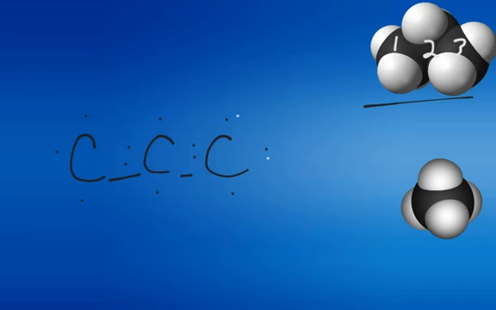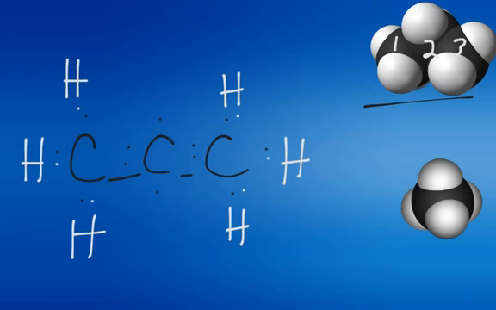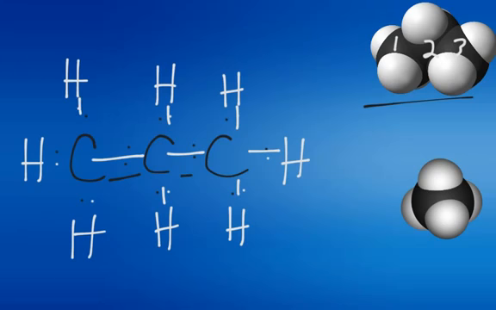So we can go ahead and put our hydrogens in, because we're drawing propane, like so. And this carbon in the middle is going to have 2 hydrogens attached to it. So what we now have is a chain of carbons, and then we have hydrogens attached covalently to that chain, and that is the Lewis structure of propane.